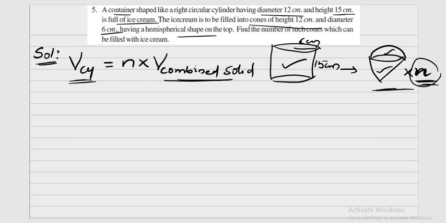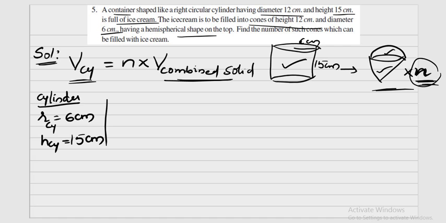First of all we are going to fill in the details of the cylinder. What are the things that are given for the cylinder? The cylinder has radius 6 centimeters, because the diameter is 12 centimeters. Height of cylinder is 15 centimeters. Next, moving on to the combination of solids.